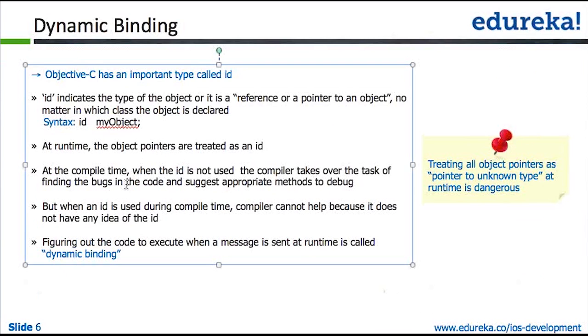So at compile time, there's no way for the compiler to know whether the assignment is valid or not. So it will go ahead and create it. But at runtime, this may not be the case. What you have expected the object to be may not always be that.